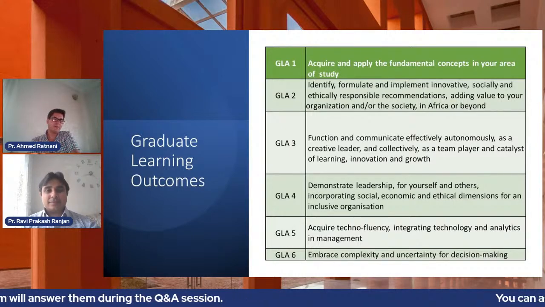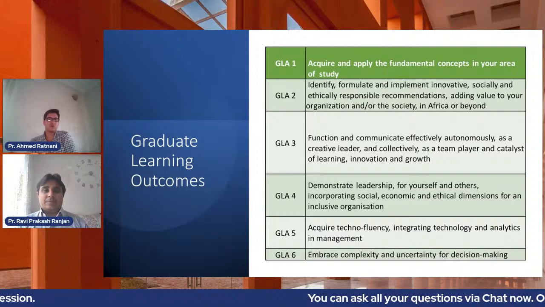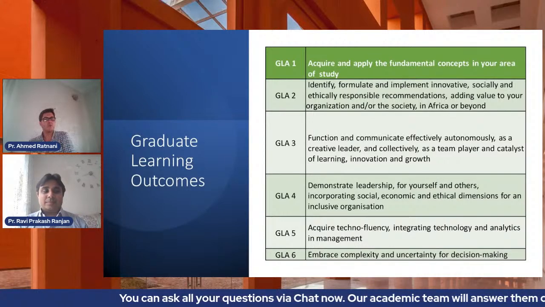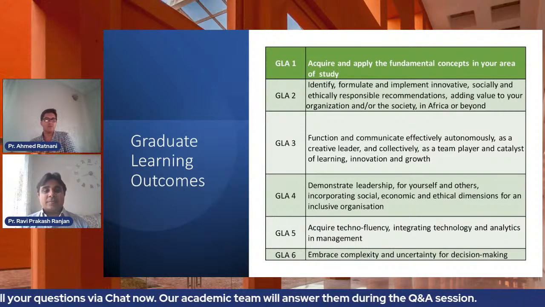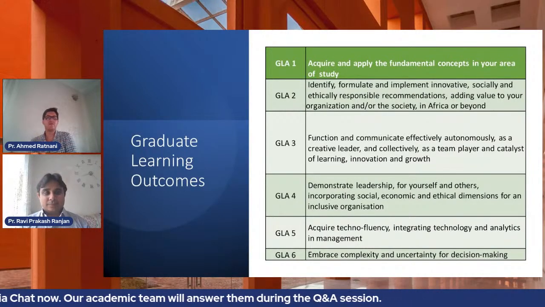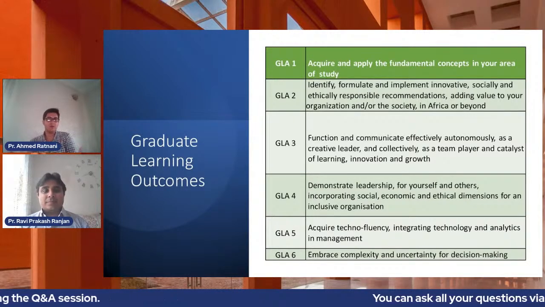These learning outcomes will be, for sure, the fundamental concepts in your area of study, but also the ability to identify, formulate, model, and implement innovative solutions that can solve problems for Morocco or Africa and beyond for sure.